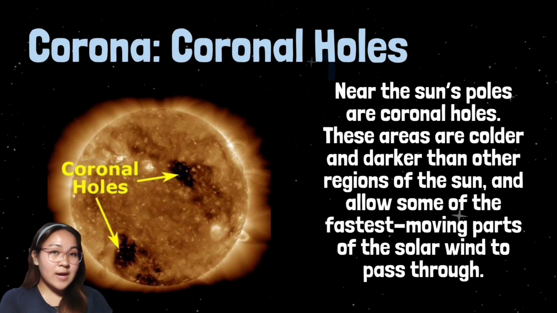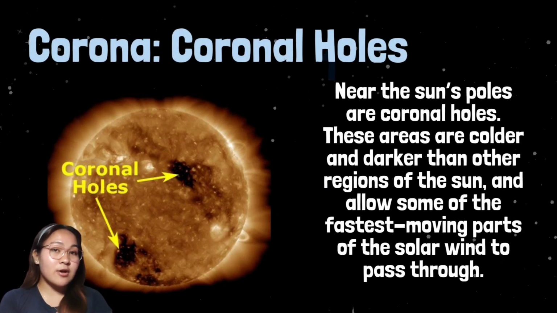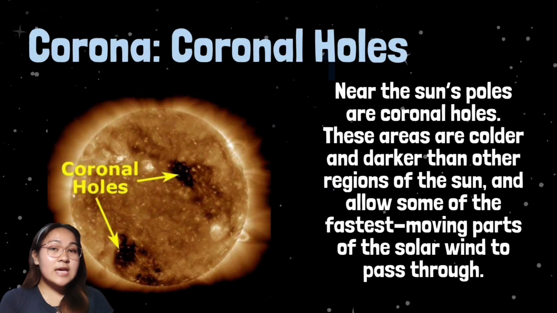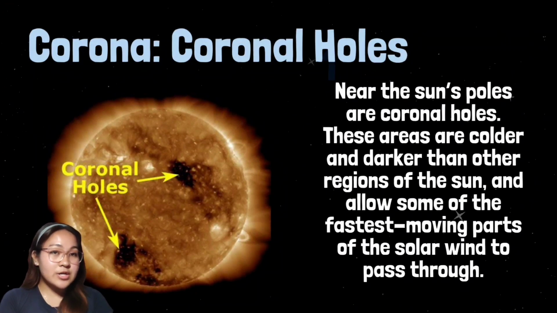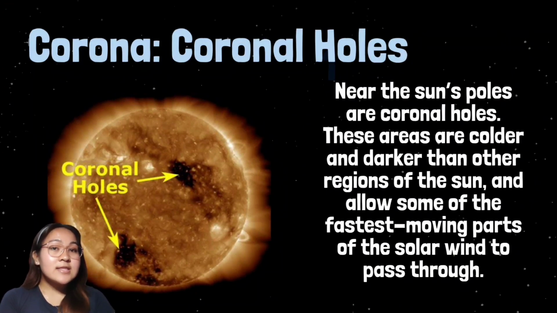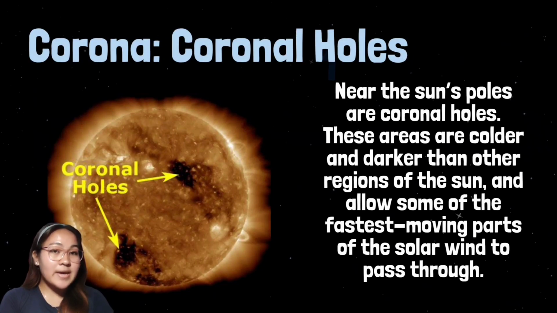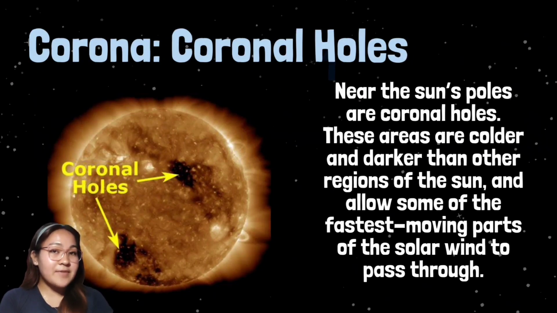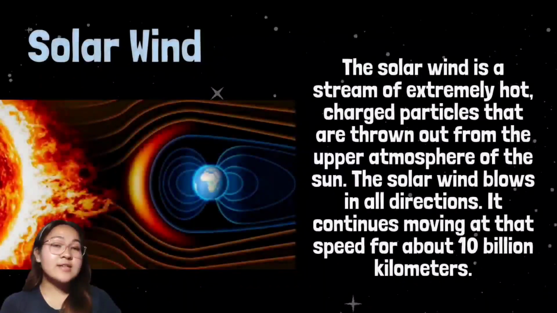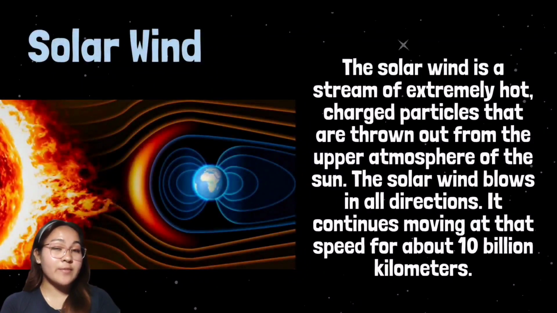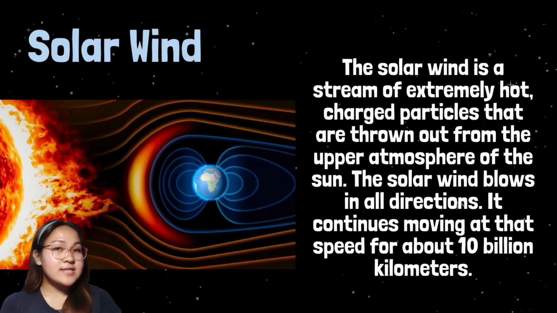This coronal hole appears as a dark area in the solar corona. They appear dark because they are cooler and less dense than the surrounding plasma, and these are regions of open, unipolar magnetic field.